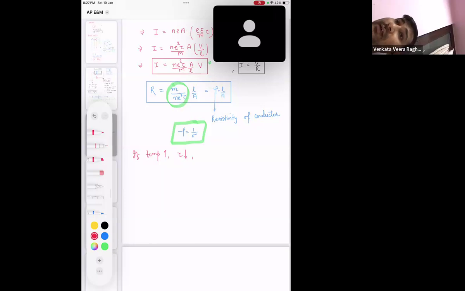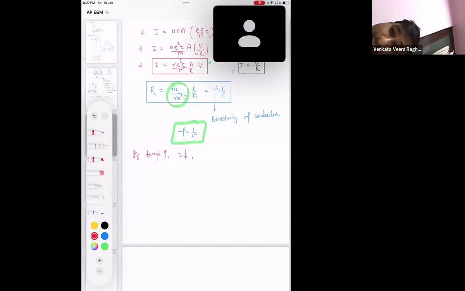Why does it decrease? Because tau is the average time of collision, isn't it? When you increase the temperature, the energy of the electron will increase, and if the energy of the electron is increased, that means its velocity will increase, isn't it? So what is going to happen with the electron? Now they will collide more frequently compared to the earlier case, isn't it? So with temperature, what happened?